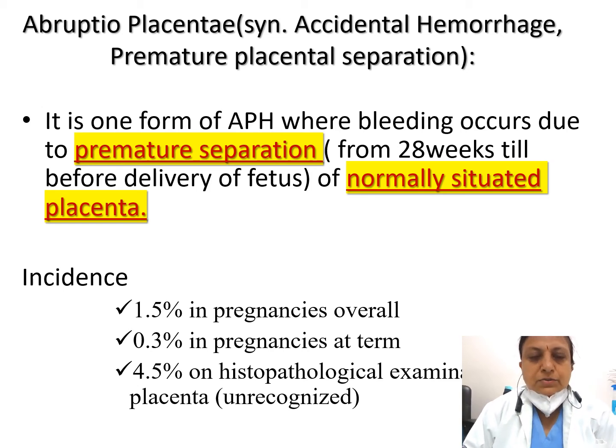The incidence varies: 1.5% in pregnancies overall, 0.3% in pregnancies at term, and 4.5% on histopathological examination, where APH is unrecognized.